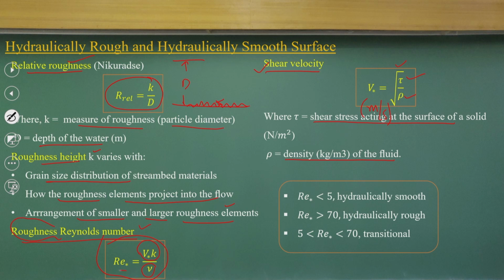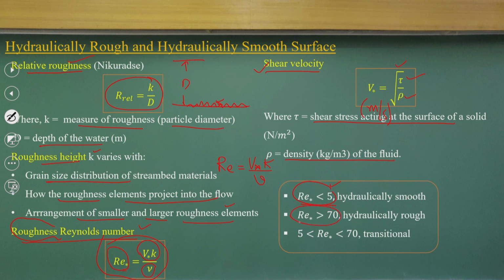We can then compute the roughness Reynolds number, which is V star times k divided by nu, where k is a measure of the roughness height and nu is the kinematic viscosity. If it is lesser than 5, it indicates hydraulically smooth conditions.